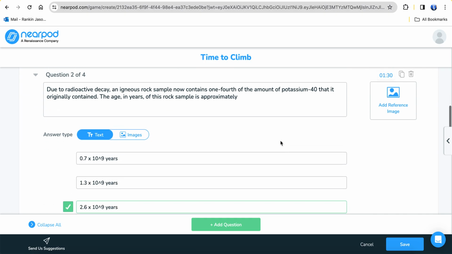Number 2. Due to radioactive decay, an igneous rock sample now contains 1/4 of the original amount of potassium-40.